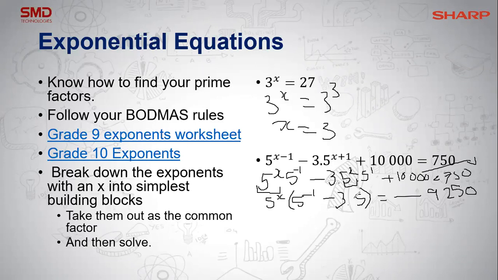Now we can simplify this one because it's just numbers. So it's 1/5 minus 15. So that's going to give us negative 14 and 4/5, right? I'm not going to write that down because I'm running out of space. So what we're going to do is divide both sides by the negative 14 and 4/5.